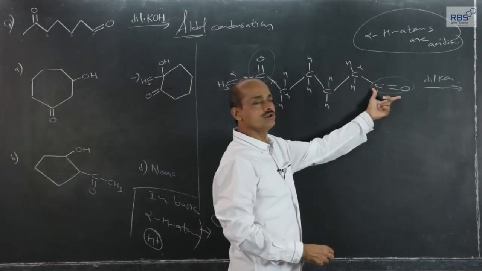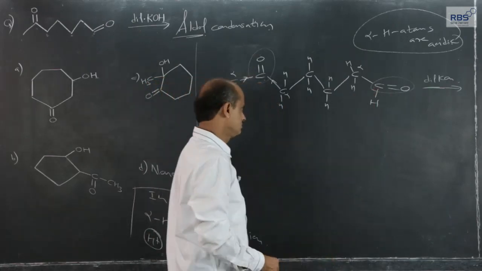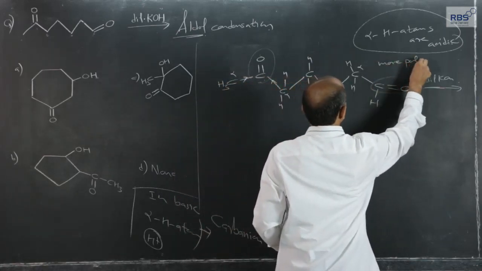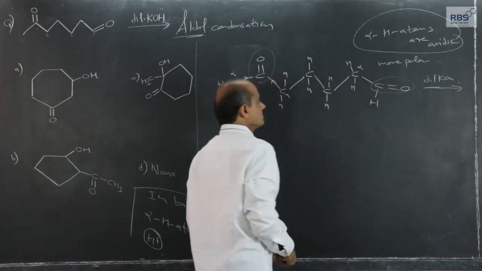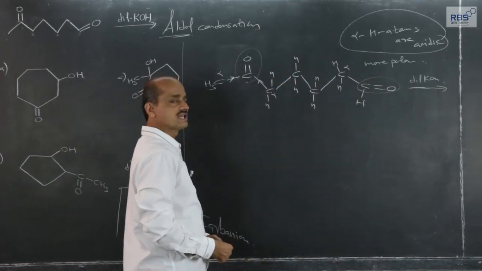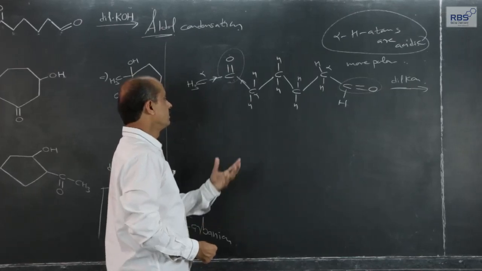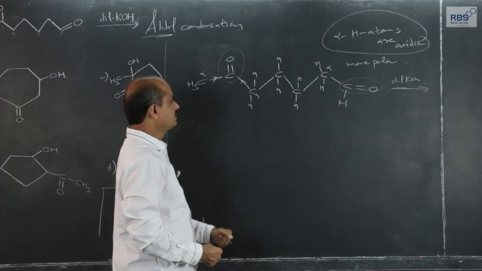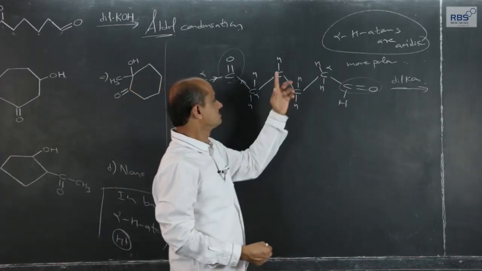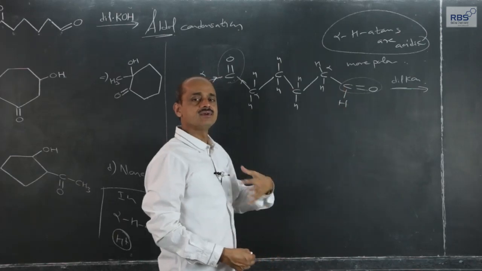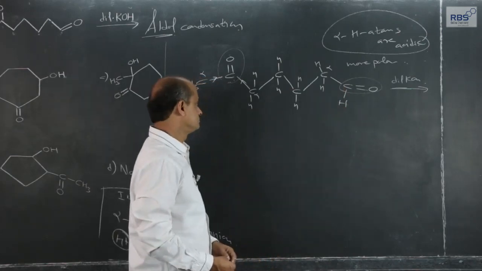So, aldehydic carbonyl group is more polar, this one is more polar, and therefore, removal of H plus ion from alpha carbon will be from this, and attack of carbanion on the carbonyl group of aldehyde will be more preferred.